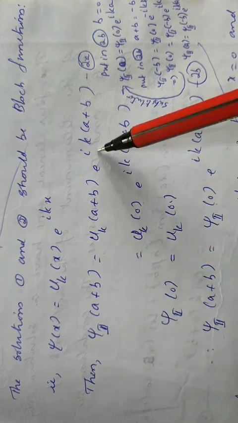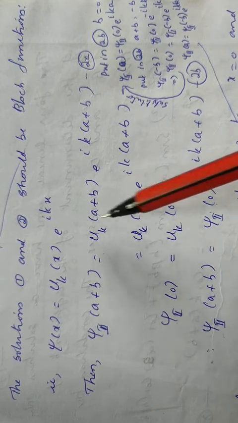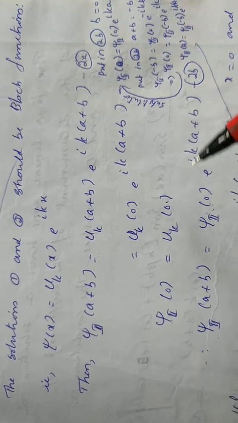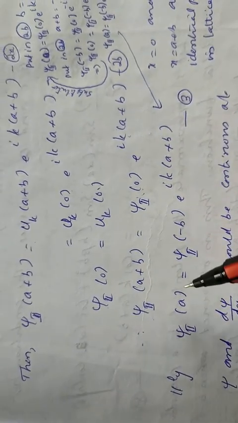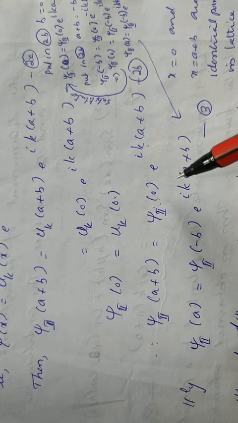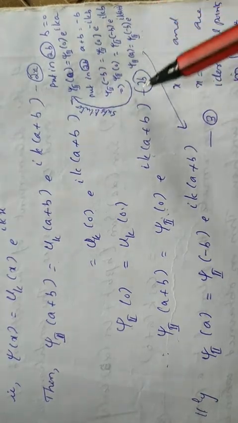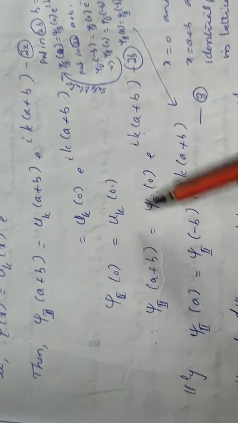This equation can be written as psi 2 of a plus b equals psi 2 of 0 instead of uk of 0, into e to the power ik into a plus b. Similarly, psi 2 of a can be written as psi 2 of minus b into e to the power ik into a plus b. I have explained this here. You just go through this, these are the steps for this equation.